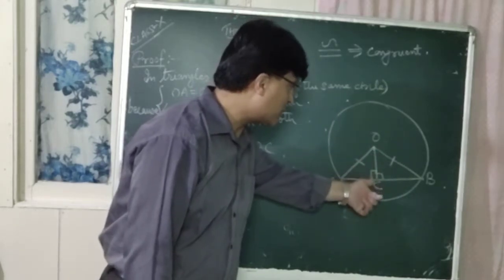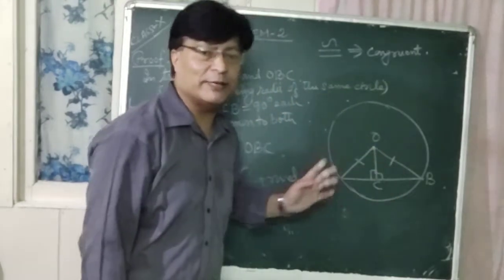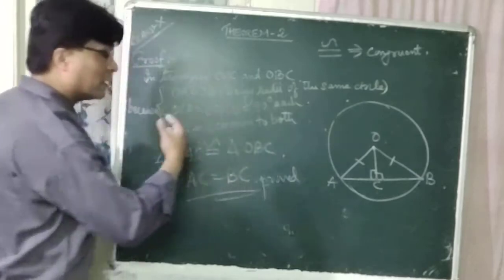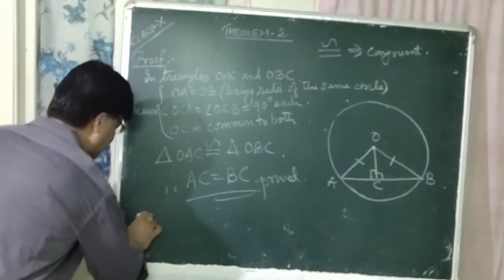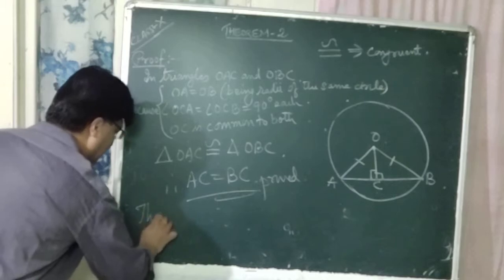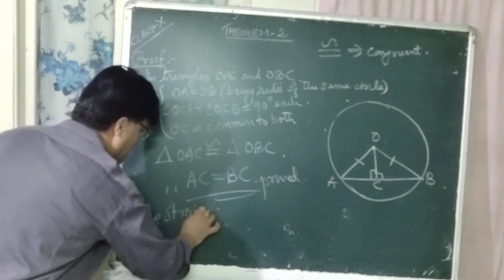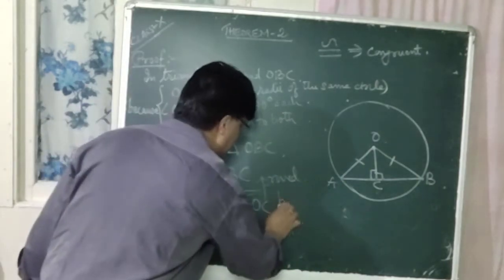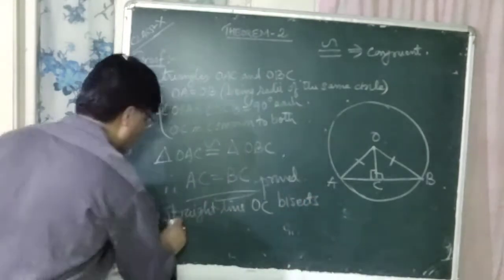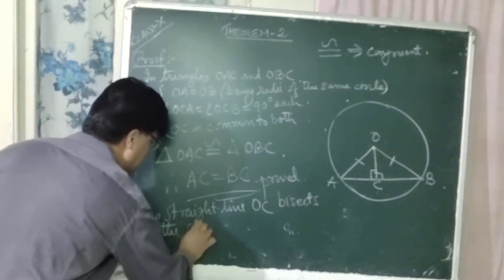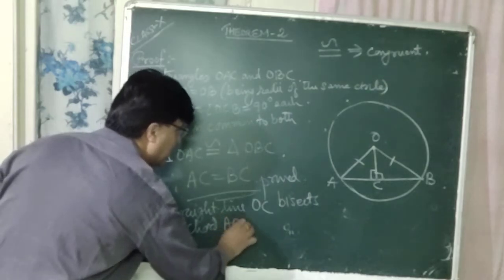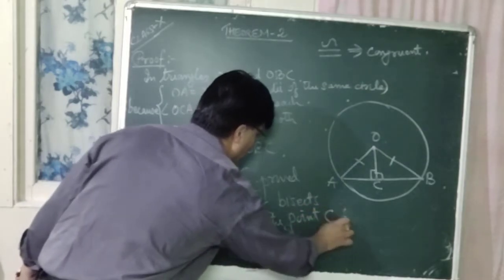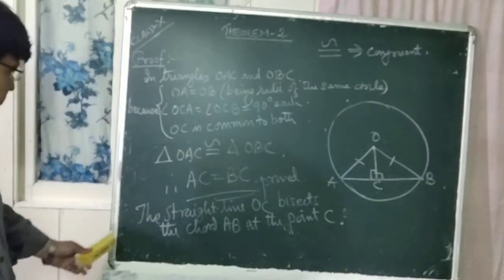That means this straight line, this perpendicular OC will bisect AB at the point C. Or you may write the straight line OC bisects the chord AB at the point C. Is that clear?